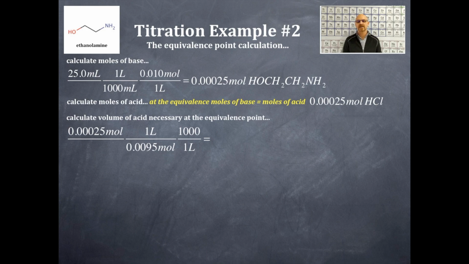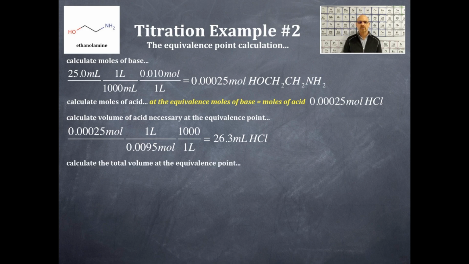That way the moles cancel out. Then I'm going to convert the liters into milliliters with my unit conversion of 1 liter equal to 1,000 milliliters. That will give me 26.3 milliliters of HCl that's required at the equivalence point.